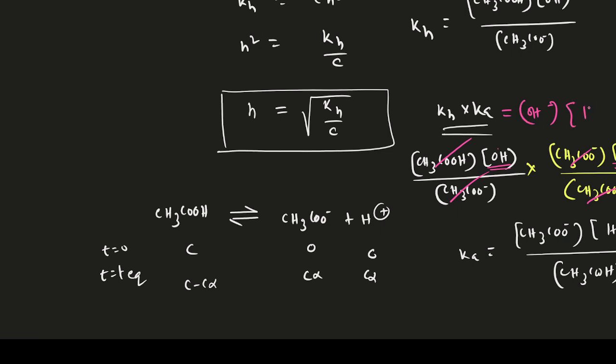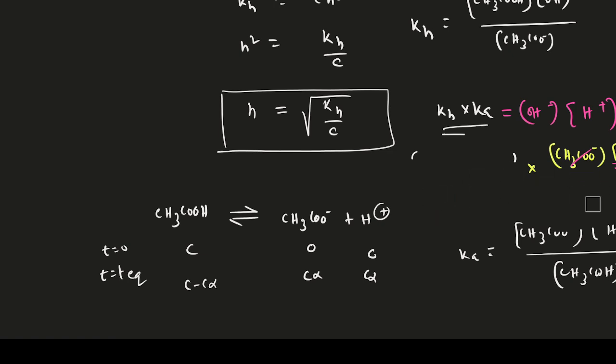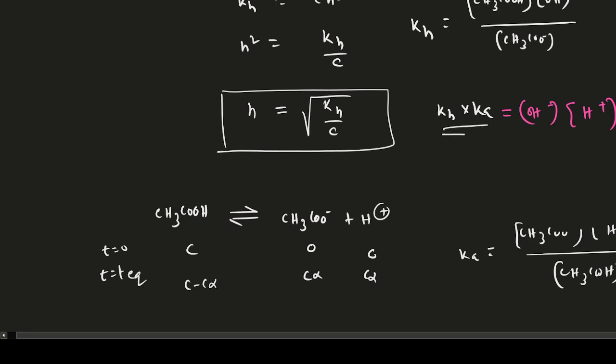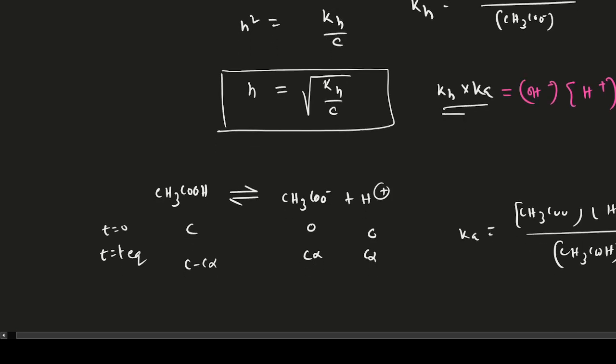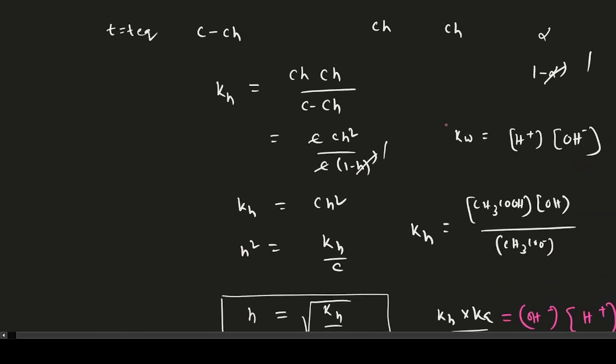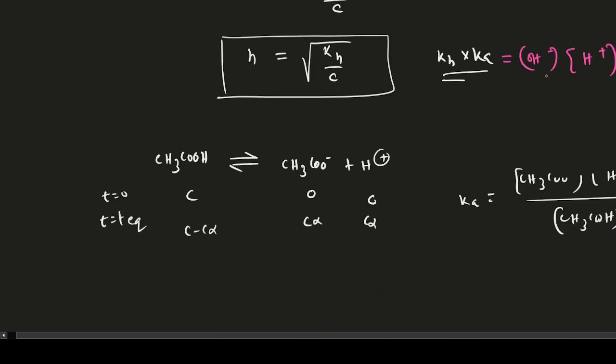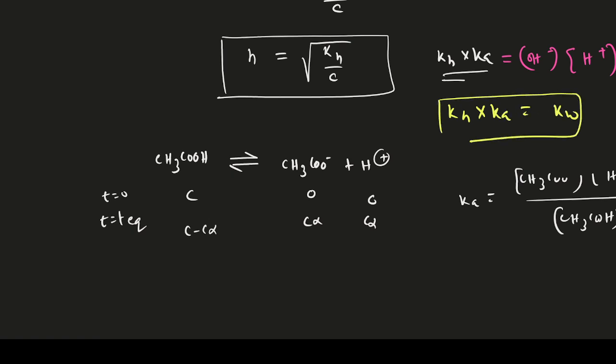What you know is that Kw equal to H plus concentration into OH minus concentration. So instead of H plus times OH minus concentration, I can put here Kh into Ka equal to Kw, because Kw equal to H plus and OH minus concentration.